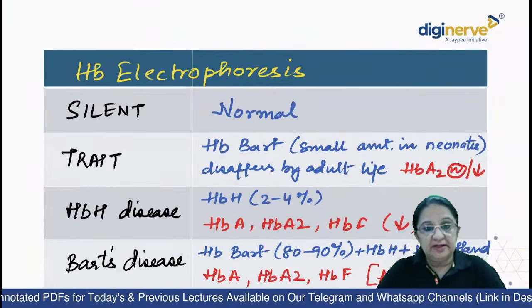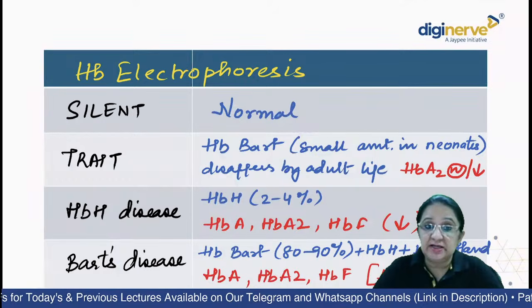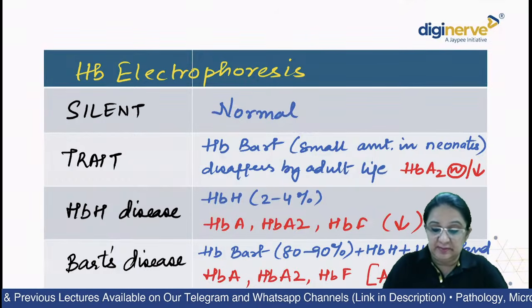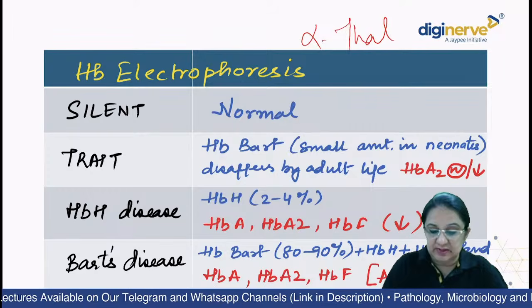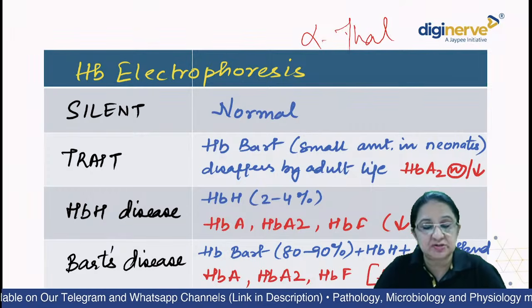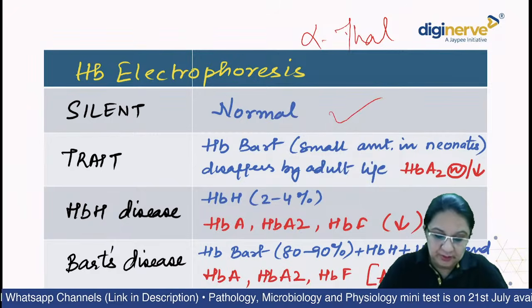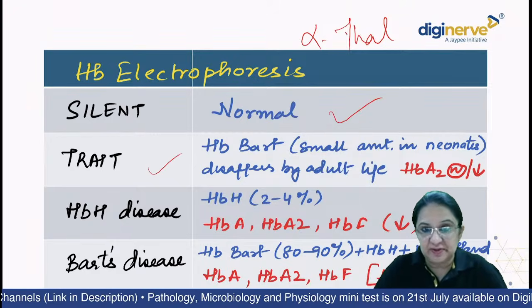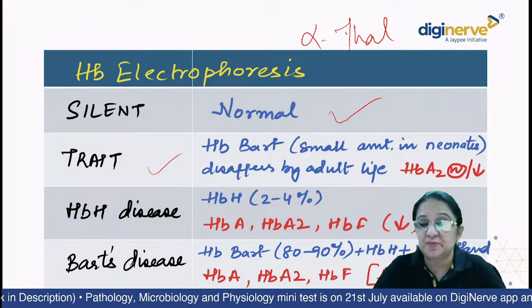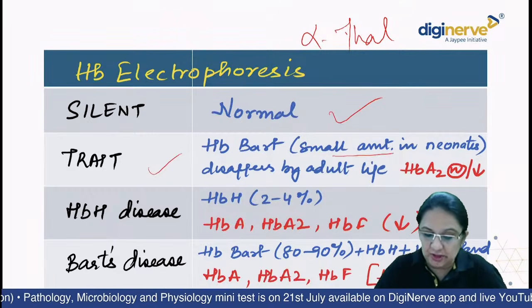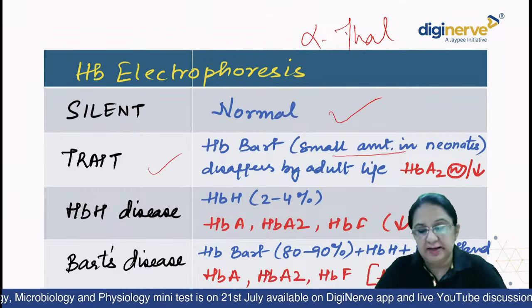Now, on electrophoresis, what will you see in alpha thalassemia? Silent carriers, 1 gene deleted, electrophoresis will be normal. In 2 genes deleted, the trait, you will find Hb Bart's, but it will be a small amount which will disappear in adult life.